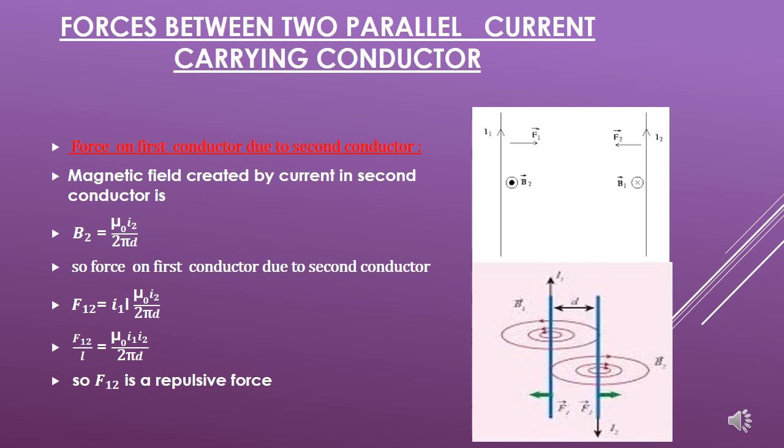B2 equals mu naught I2 upon 2 pi D. Now the force experienced by conductor 1 due to conductor 2 is F12 equals I1 L B2. Now F12 upon L equals I1 B2, putting the value of B2, which is mu naught I2 upon 2 pi D. So F12 upon L equals I1 I2 mu naught upon 2 pi D.